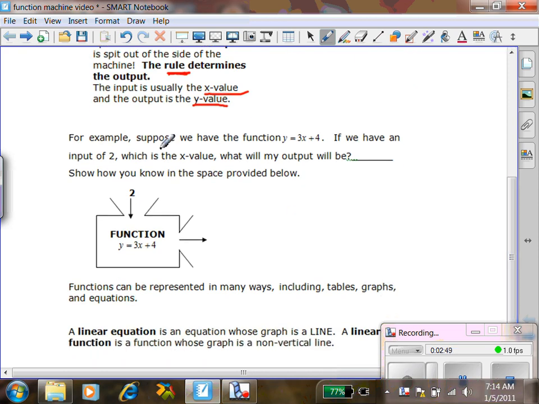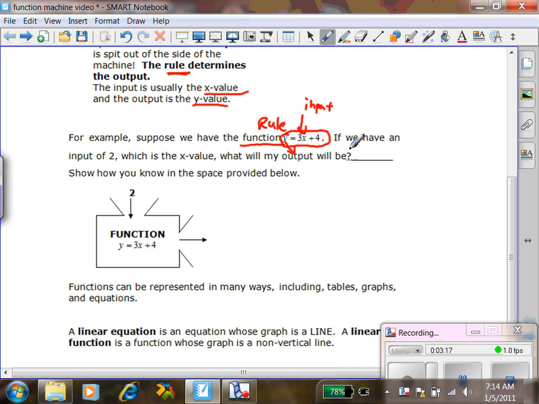All right, so let's suppose we have the function y equals 3x plus 4. This is our function or our rule. And this rule, this equation, says if I put a number in for x, that's my input, and I multiply it by 3 and add 4, I will get my y value, which is my output.